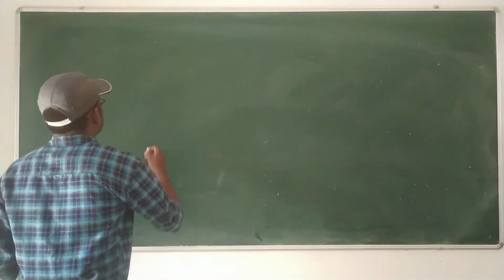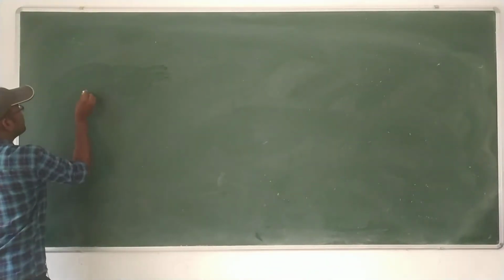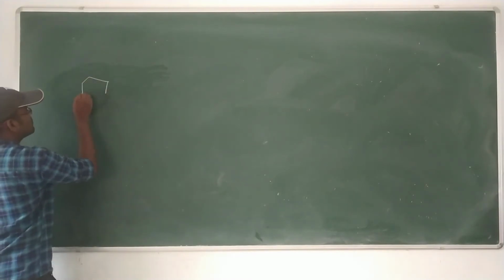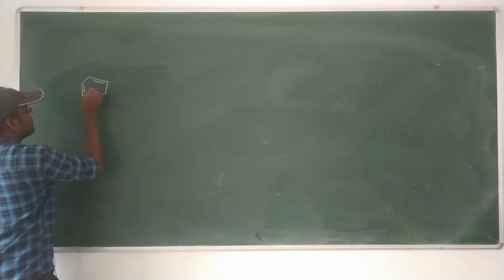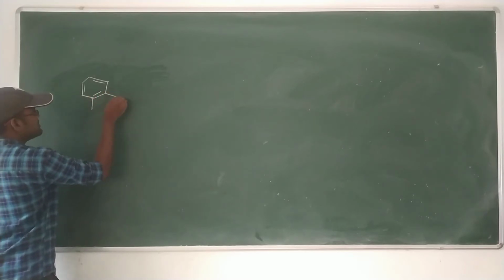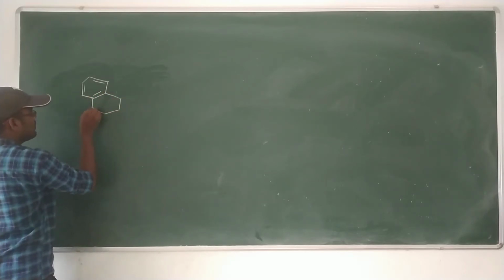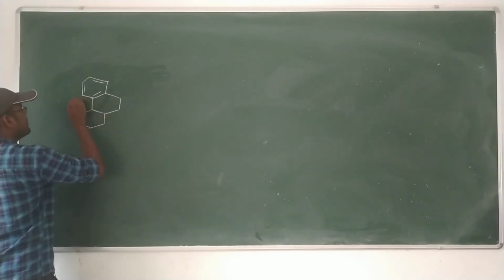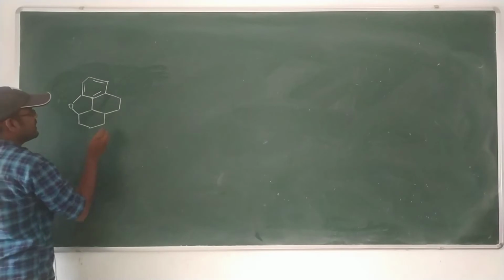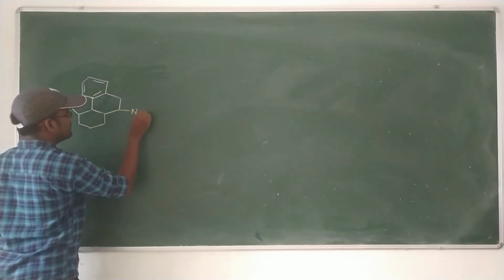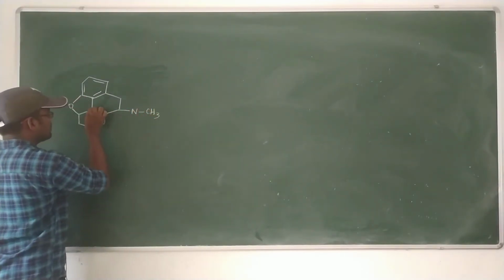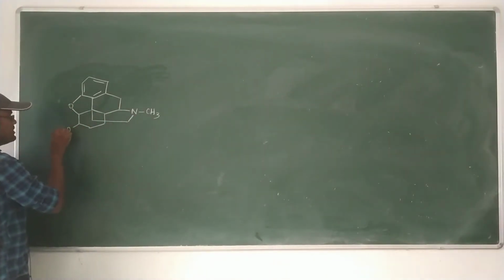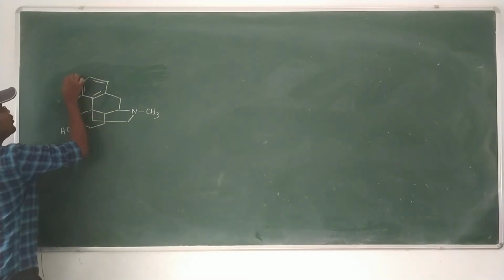So first let us see the morphine structure. Morphine has 5 rings, as we already know. The first ring is a benzene ring, then the second ring and third ring, and the fourth ring is an ether linkage, and the fifth ring has nitrogen as a tertiary nitrogen, with OH and OH.